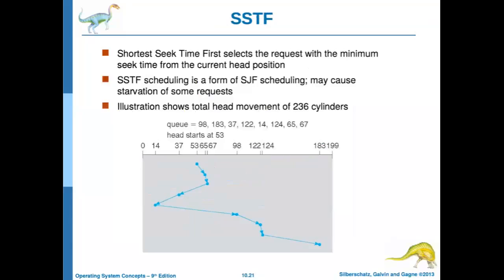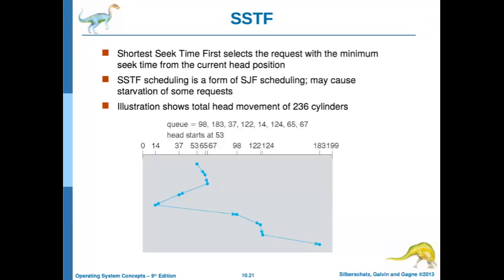Next algorithm is SSTF, meaning shortest seek time first. SSTF, shortest seek time first. As the name suggests, it will select the request from the queue based on its current head position.